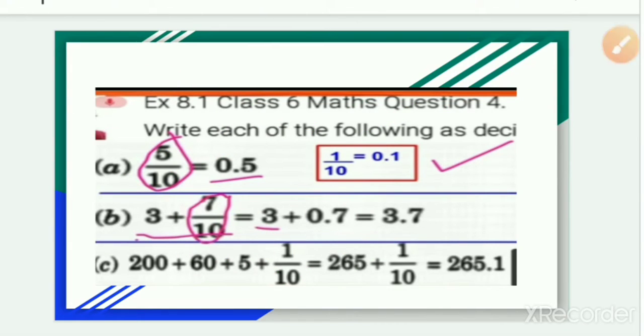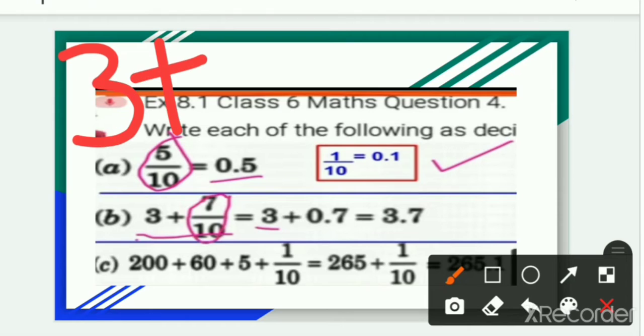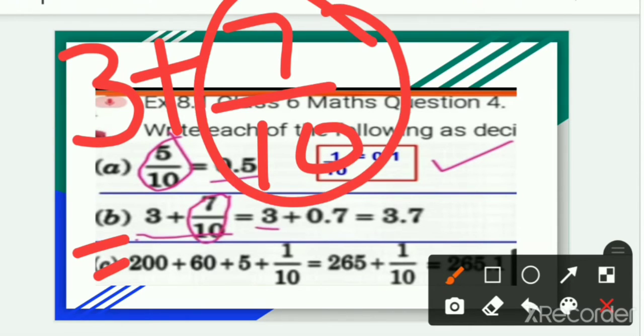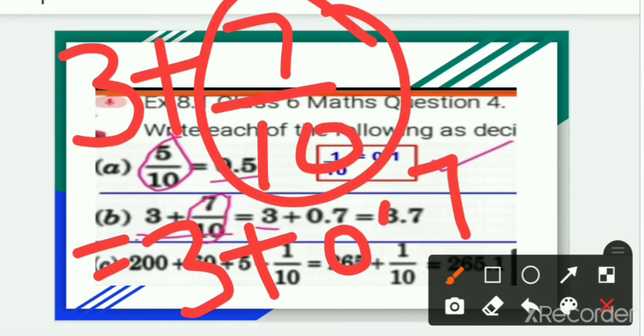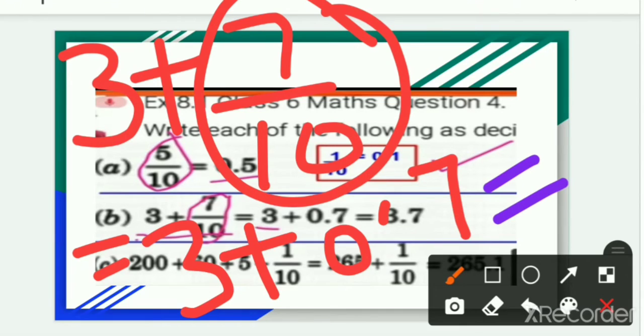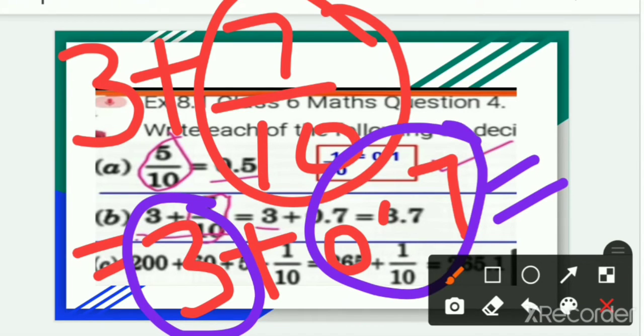Now we have question B, that is 3 plus 7 by 10. Very easy. When we solve this, we get 3 plus 0.7. Now the most important thing is how to add a simple number and a decimal number.